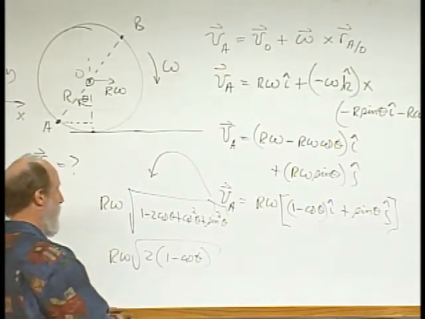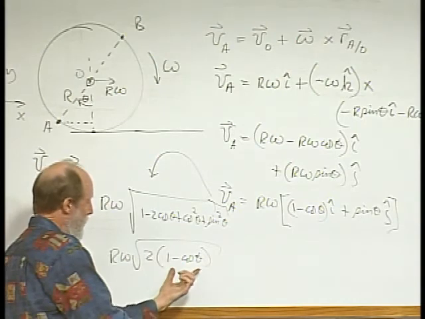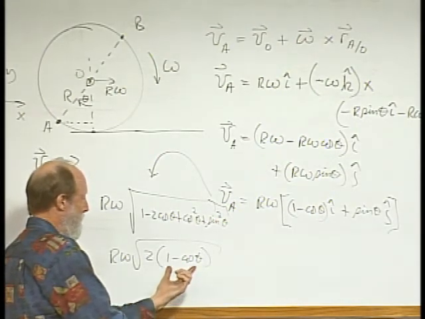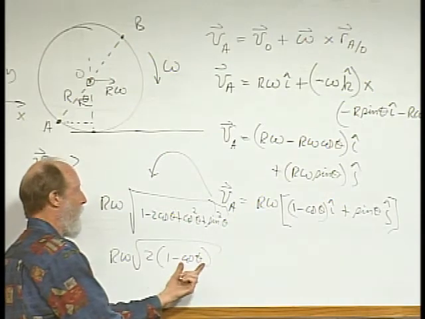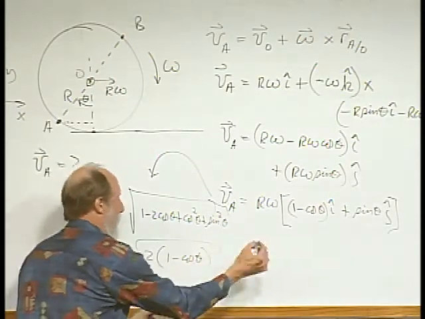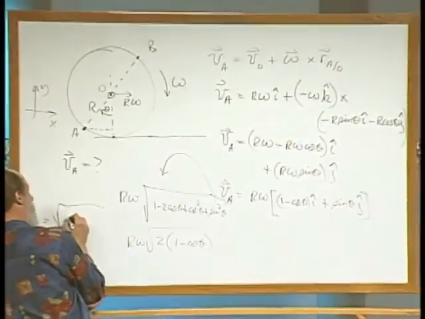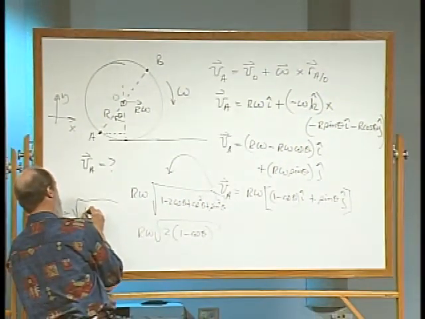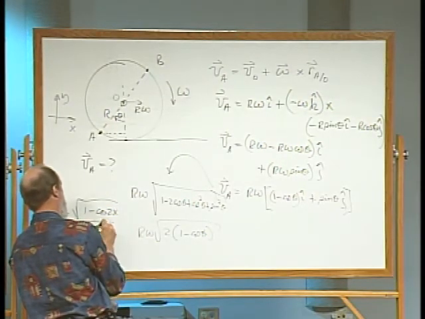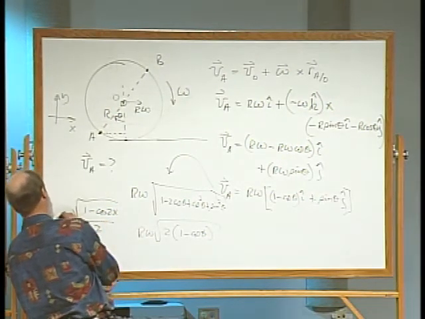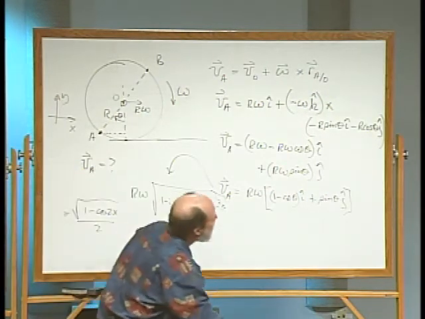If we introduce a division by 2 here and turn this into a 1 minus cos theta, there's the trig identity that 1 minus cos twice x equals, is it cosine or sine?